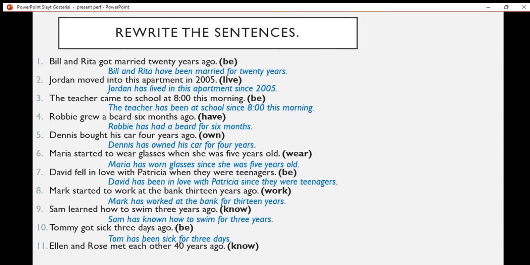Or, depending on which day you're talking about this, so let's say you're talking about this on Monday, you say Tommy has been sick for 3 days. Then you can say Tommy has been sick since Friday. Or since Thursday, depending on if it's the morning or the evening of Monday. Ellen and Rose met each other 40 years ago.